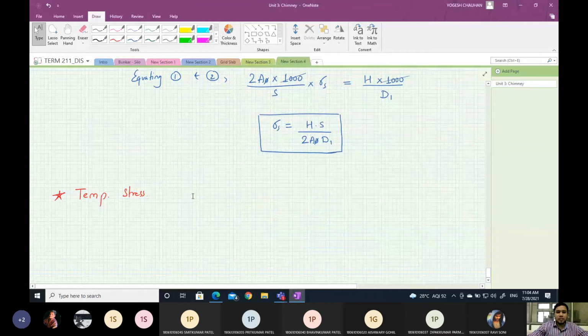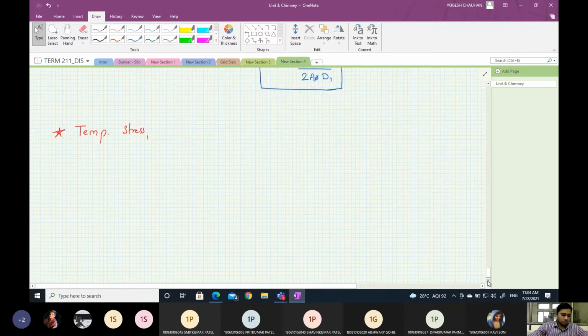Now, the temperature stresses are considerably reduced by providing the lining, but still there is some temperature variation on the inner and outer face of the concrete, which generates temperature stresses. So this should be taken into account.